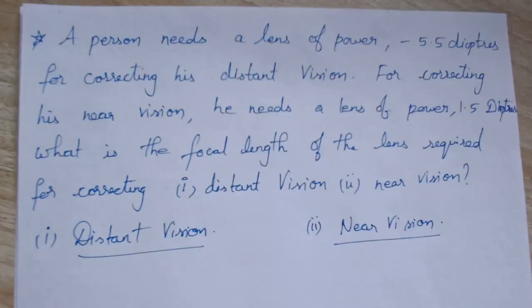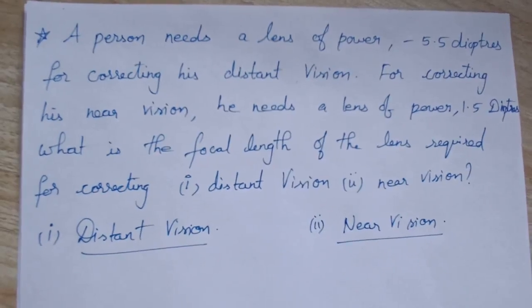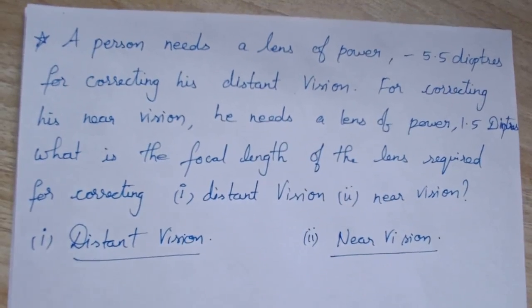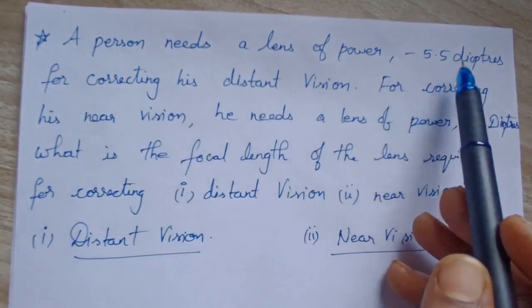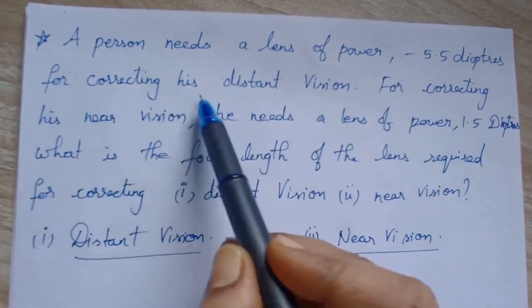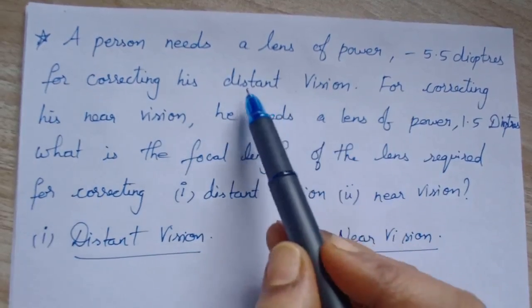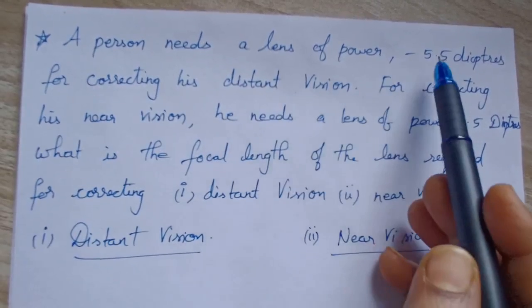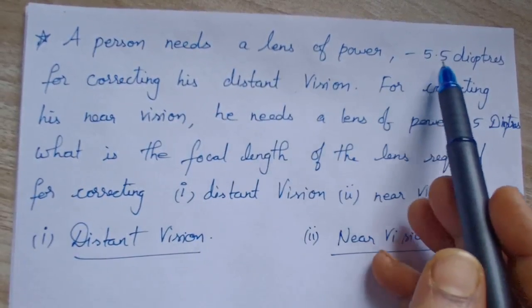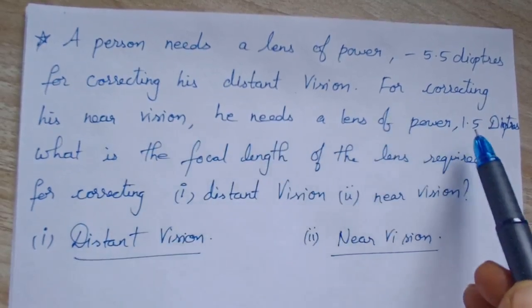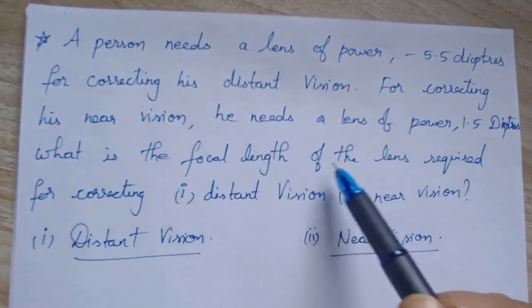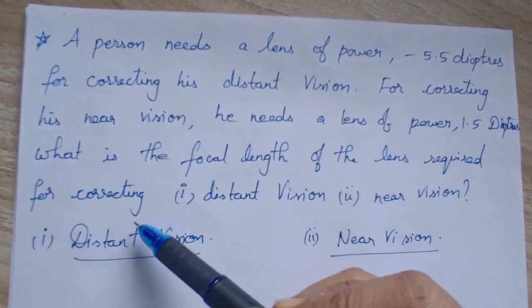We'll see one more numerical in this defects of vision. A person needs a lens of power minus 5.5 diopters for correcting his distance vision. For correcting his near vision, he needs a lens of power 1.5 diopters. What is the focal length of the lens required for correcting?